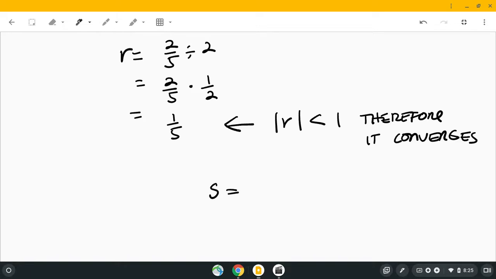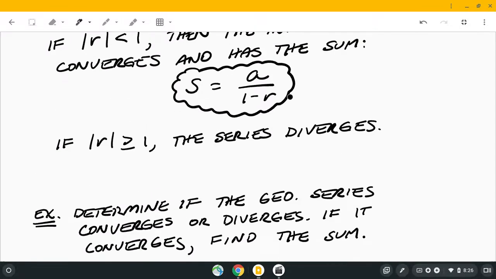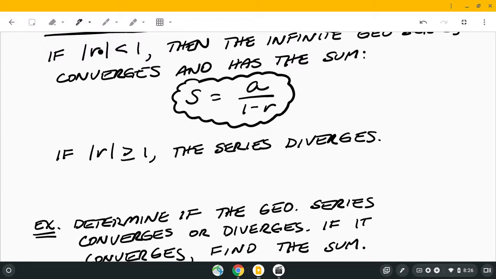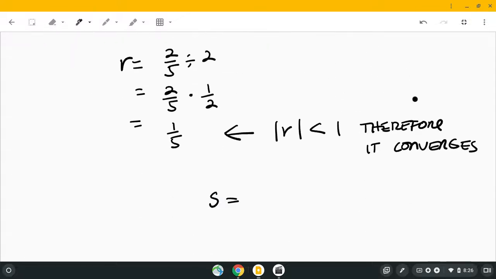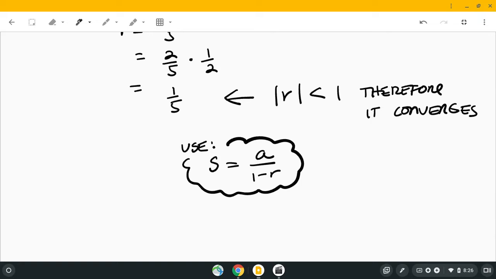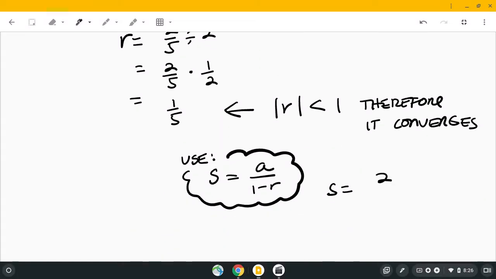S equals, let's go back up here. This is the formula I will be using. Since the absolute value of R is less than 1, it converges, and so I can calculate the sum using A over 1 minus R. So the sum is A, which you can look up here, is 2, over 1 minus R, which is 1 over 5.